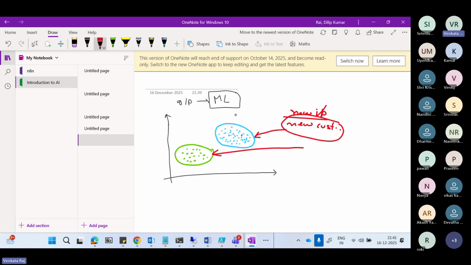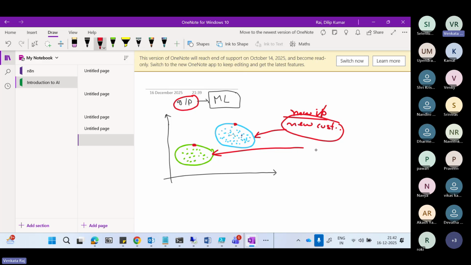Maybe this group could be customers who have a high tendency to buy a product from the online portal, and this group of customers has a very low tendency to buy from the online portal. Okay, and this clustering it has done based on the input information of different customers, finding a relation like whether they have bought in the past or not, what is the average salary, which state and age group they are in.